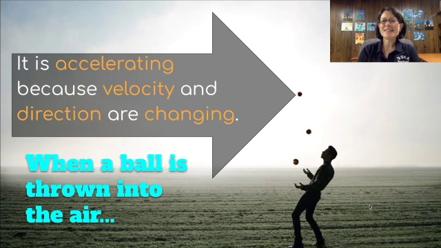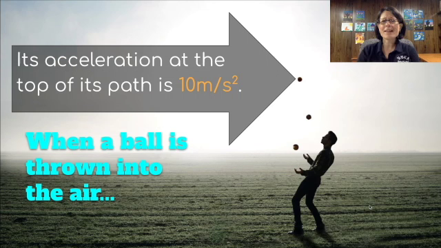But it is still accelerating because velocity and direction are changing. It stops for a split second to change its direction and starts falling again. So even though it is stopped, it is still accelerating. And its acceleration at that point, even though it's stopped at the top of its path, is still 10 meters per second squared. And we're going to be taking a look at that in class.